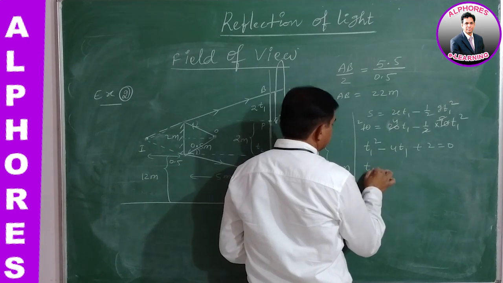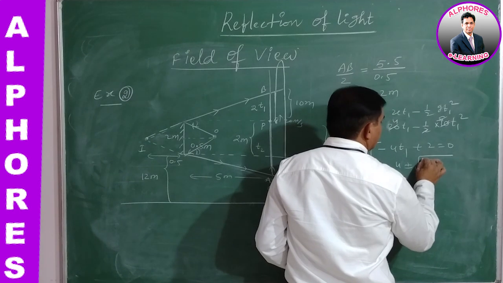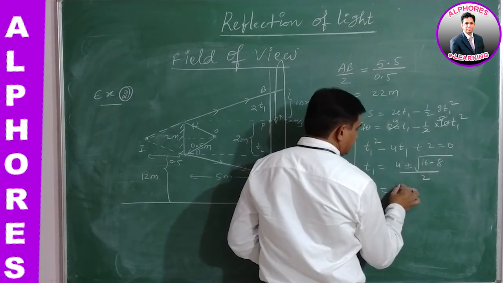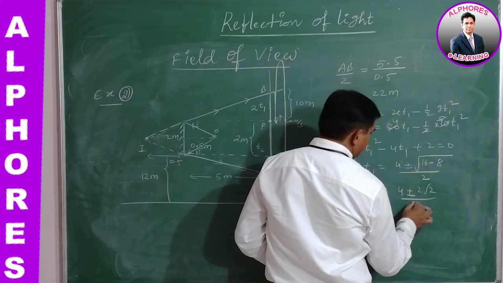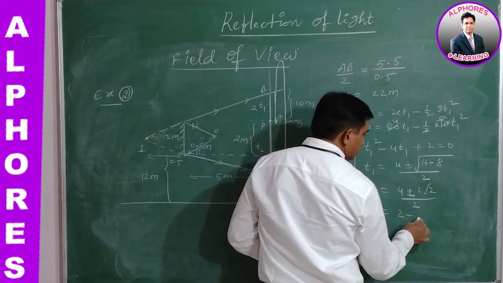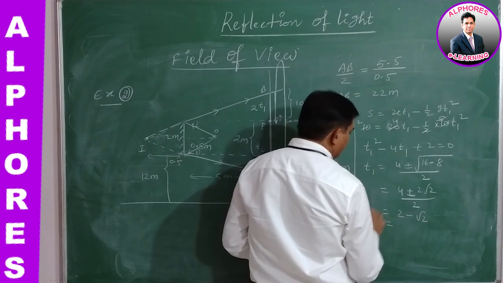And simplifying this, t1 is equal to 4 plus or minus root over 16 minus 8, by 2, which gives us 4 plus or minus 2 root 2, by 2, which gives us 2 minus root 2, which gives us 1.414.